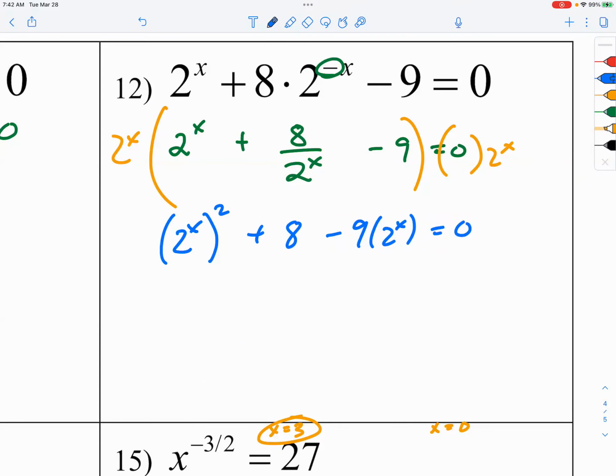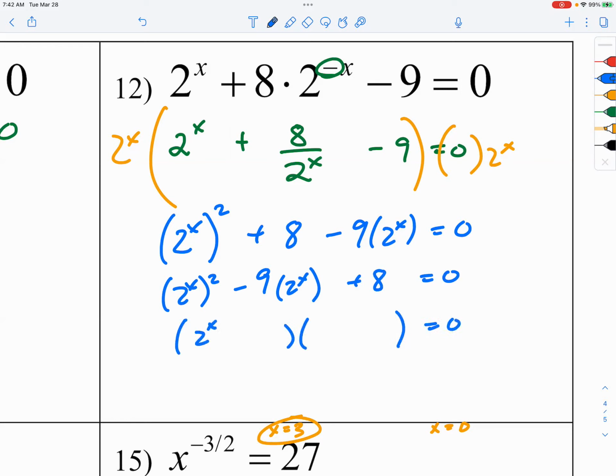So if you say I don't use a dummy variable, that's fine. You just make sure that you are viewing 2 to the x as a single entity, and factor the same way. So 2 to the x, 2 to the x. That's how you get 2 to the x squared. And then 8 and 1, and both negative.